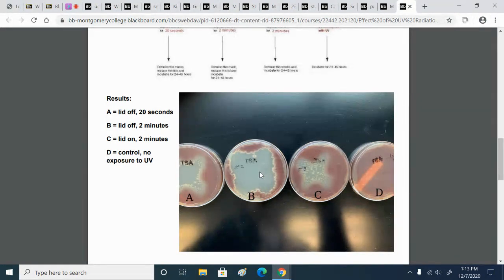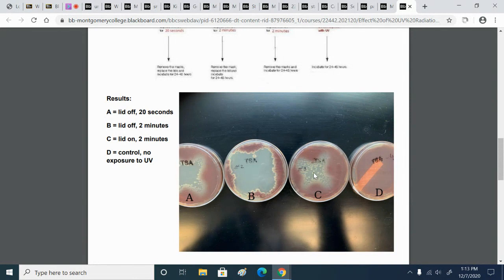So increasing exposure time is more effective at killing the bacteria. On the third plate, we did leave the plastic lid on and expose the bacteria to 2 minutes of ultraviolet radiation, and we still got some killing. So enough UV passed through the polystyrene plastic to kill the bacteria.